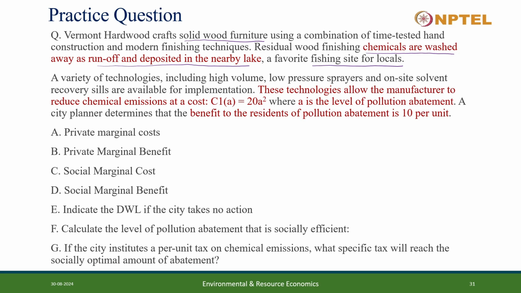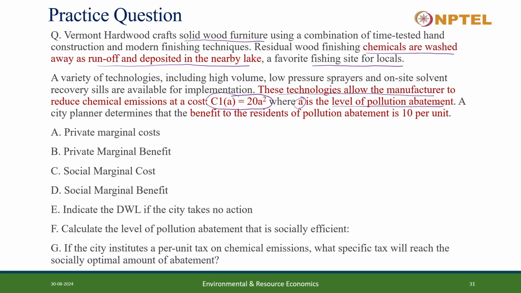So various technologies are there to reduce the chemical production or to reduce the pollution. Okay, so now what we have to do, the cost of technology, the cost function is given by C1(A) equals 20A squared, and A is the level of pollution abatement.